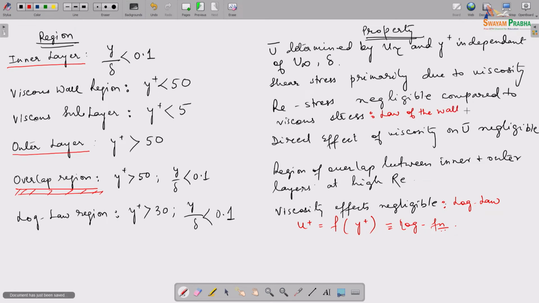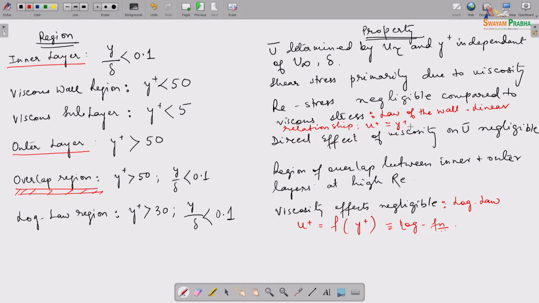This is Prandtl's 1925, proposed by him, and essentially a linear relationship, so u plus is equal to y plus.